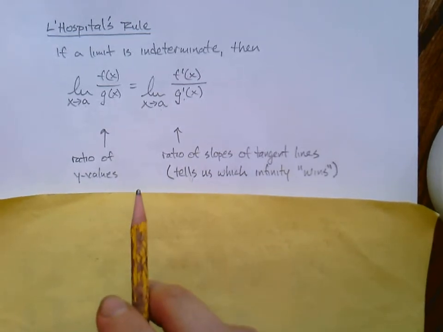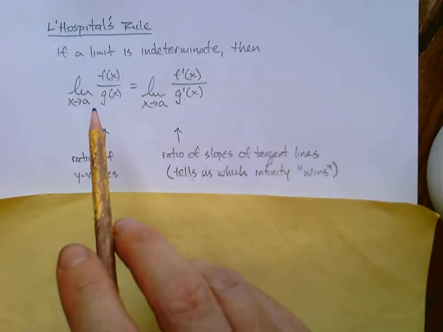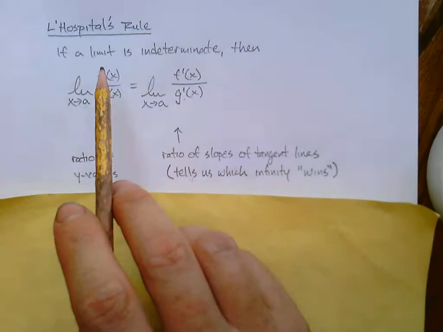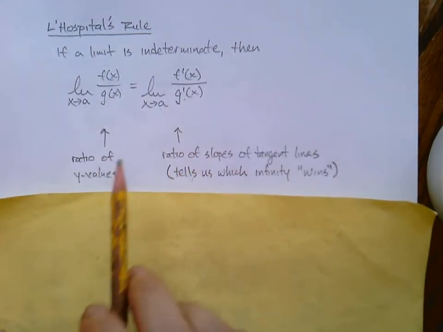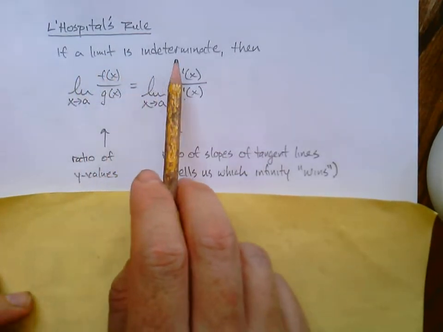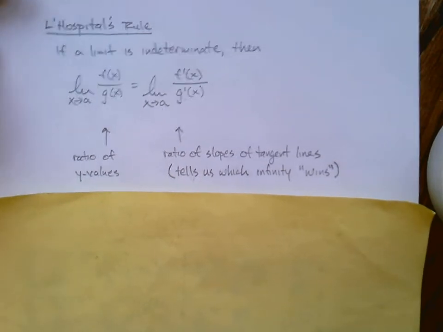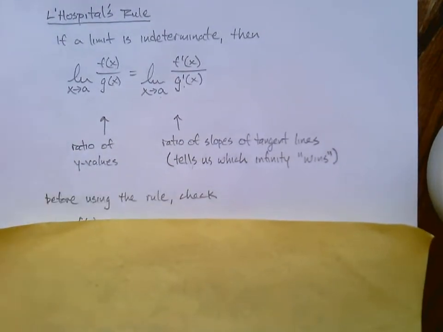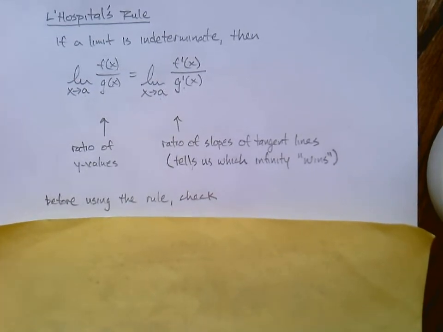Now, that said, let me back up. L'Hopital's rule is not appropriate in all limit scenarios, and we're making real clear, it applies if the limit is indeterminate. So that leads to our last point before we get to our example. Before using L'Hopital's rule, we can't use this on anything.